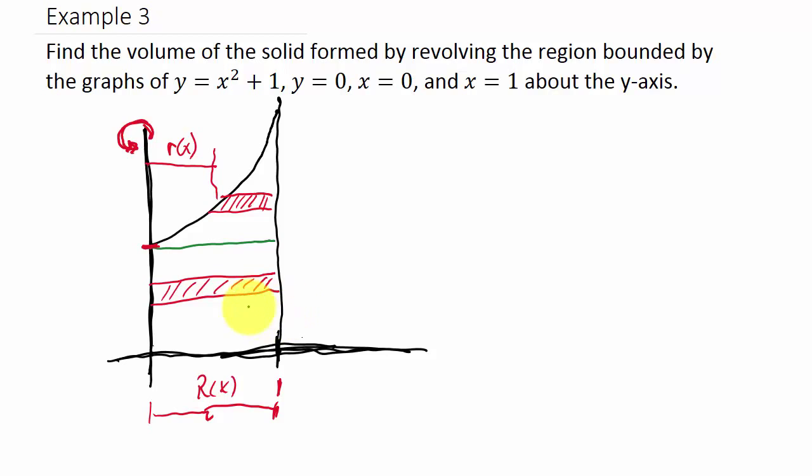But remember, in both regions, in this region and this region, big R is the same. See, that's the same. Alright, so the thickness of this rectangle would be delta y, and this would be delta y. Okay, so we're integrating with respect to y.